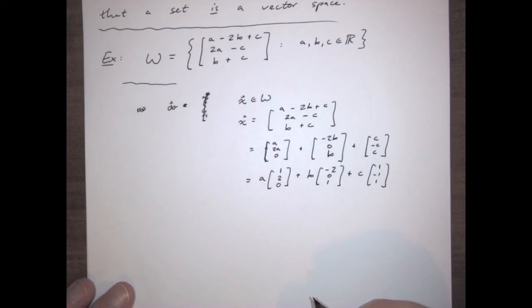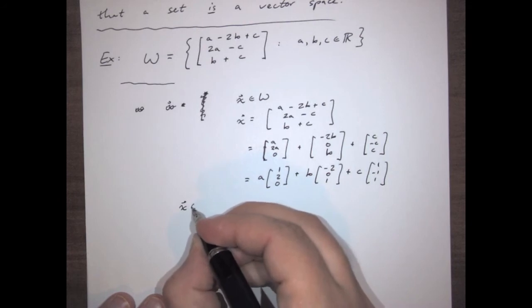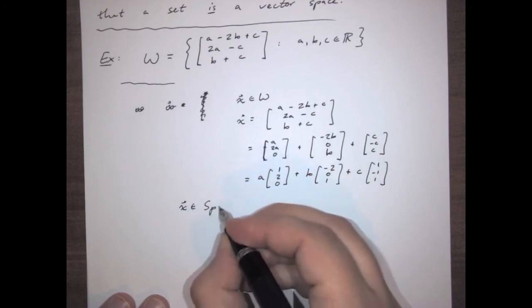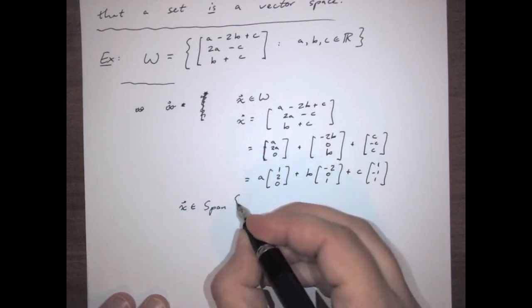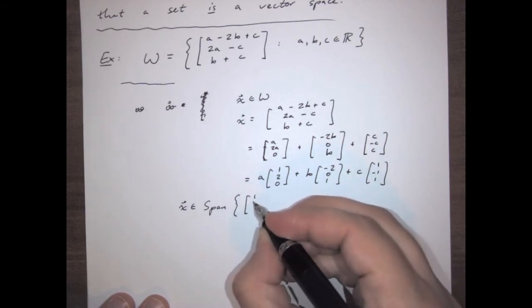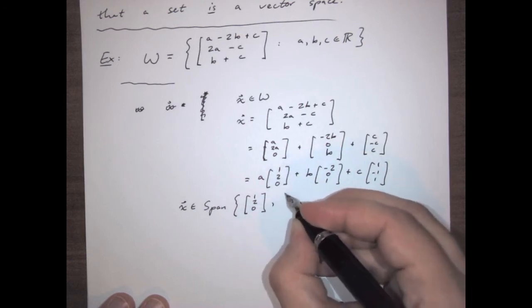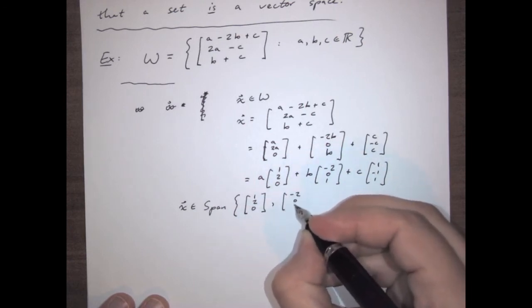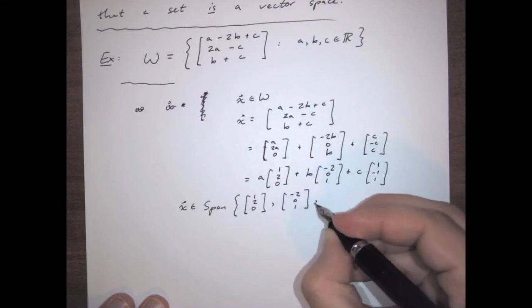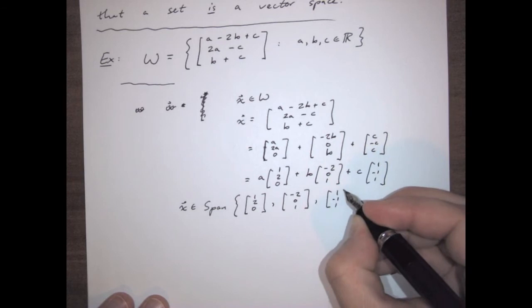And what this means is that X is in the span of these: 1, 2, 0; minus 2, 0, 1; and 1, minus 1, 1.